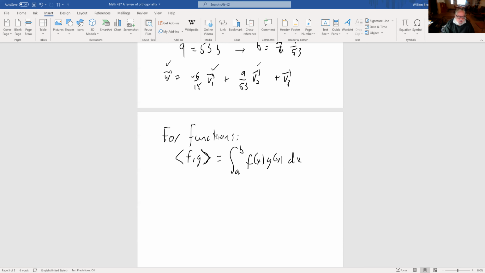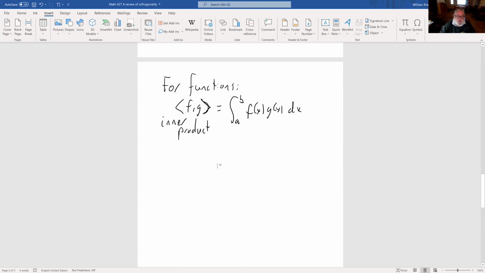This is an inner product instead of a dot product. We just multiply the 2 functions together and integrate them. And this plays the same role as a dot product, and it follows the same rules, right?